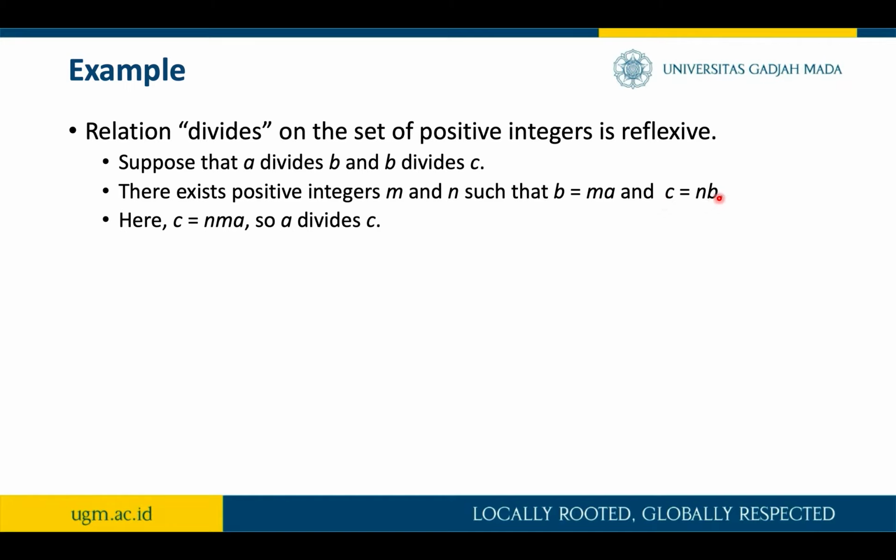If we replace b with ma, then we have c = nma. It means that a also divides c. So if a divides b and b divides c, then a also divides c. So the relation divides here is transitive.